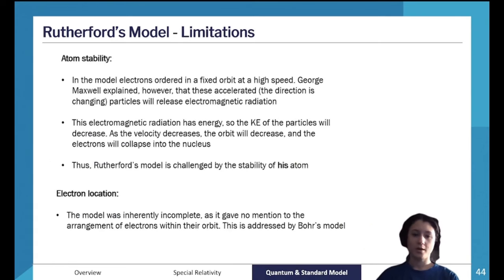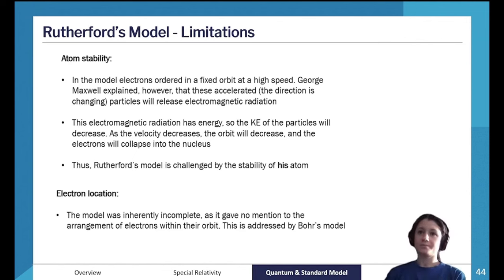So there were a few issues with Rutherford's model. All right. The first one was the stability of the atoms. Rutherford's model predicted that because the electrons could orbit at any level, they would constantly be losing energy.